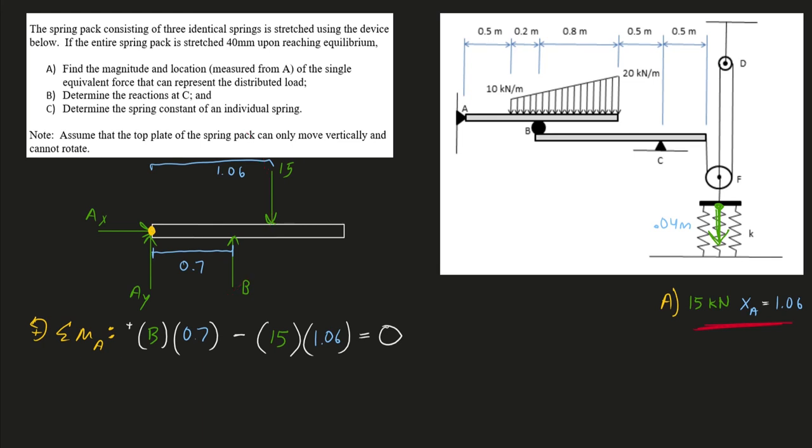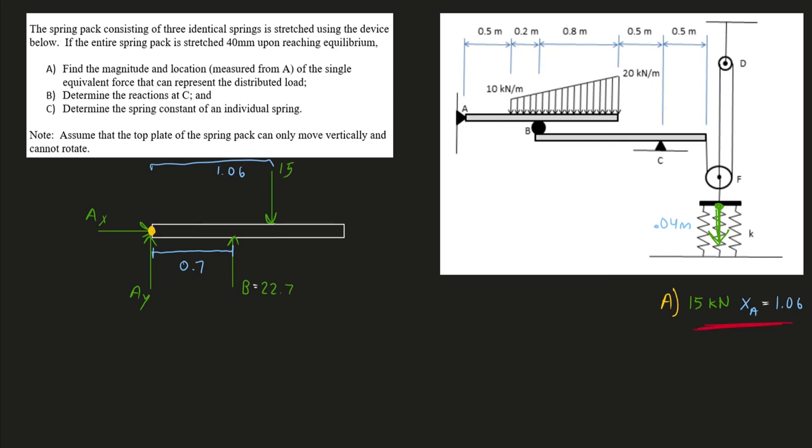And we can crunch that math, and we'll get that B will equal 22.7, and of course the units are kilonewtons. I'm getting a positive answer for B, which I'm really expecting, B has to be going up like this. If I get a negative number, something is really wrong here.